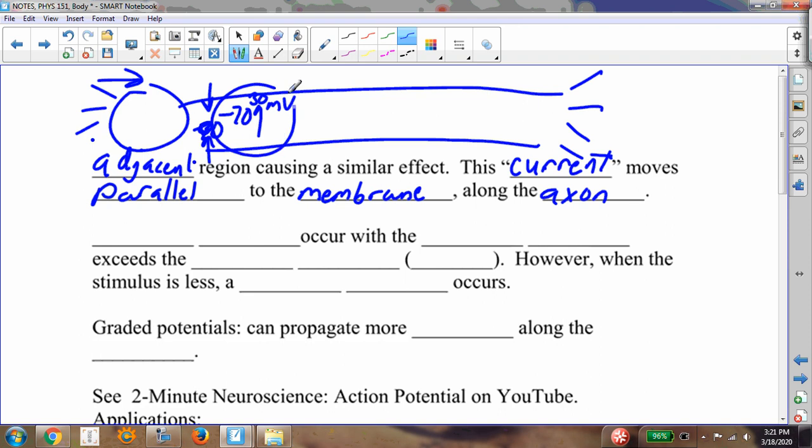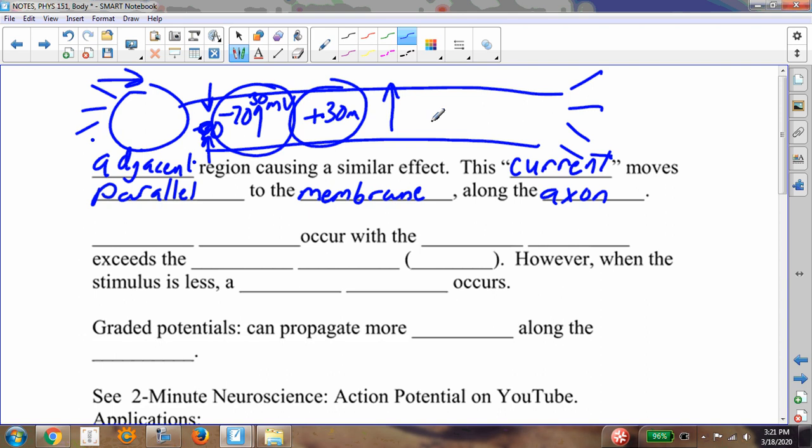So I get this big positive potential, and then it goes down again. Over here, I get a big positive potential, plus 30 millivolts, and then it goes down again. And then over here, it goes up, and then down again, and it propagates down the entire length of the axon.